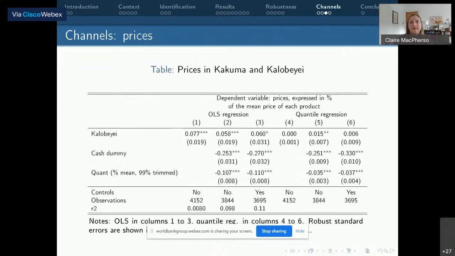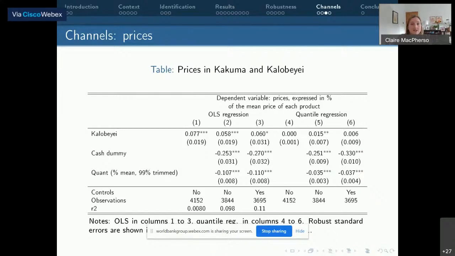So briefly then, we also tested whether the Kalobeyei effect could be due to different market conditions, and in particular to lower prices in Kalobeyei. At the time of our survey, markets in Kalobeyei were relatively new and much less developed than markets in the oldest part of Kakuma camp.